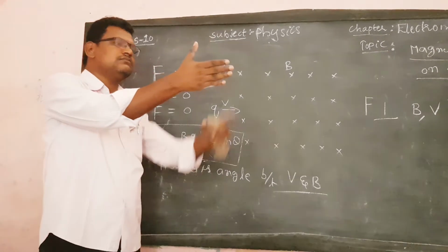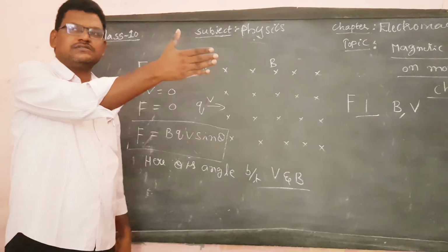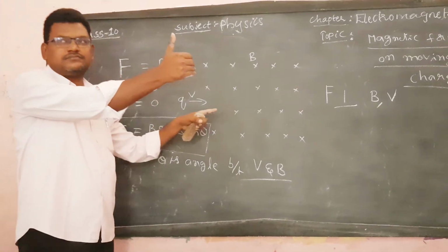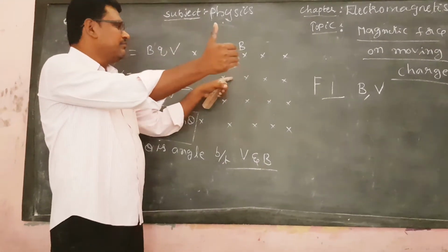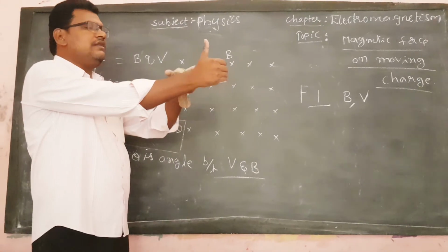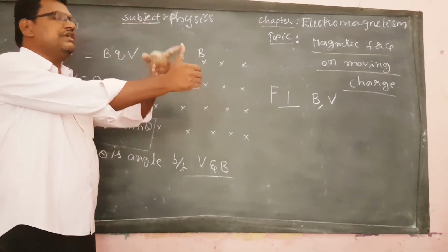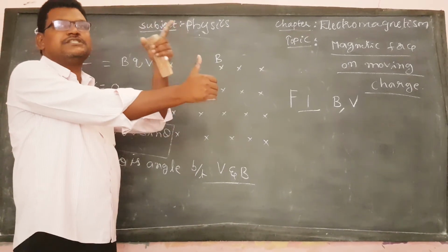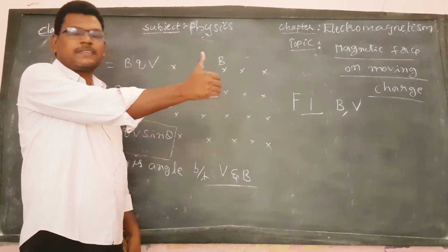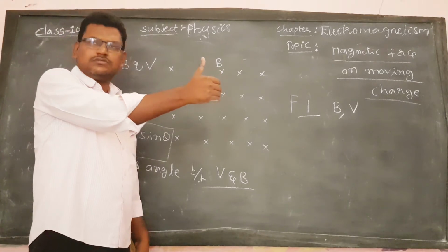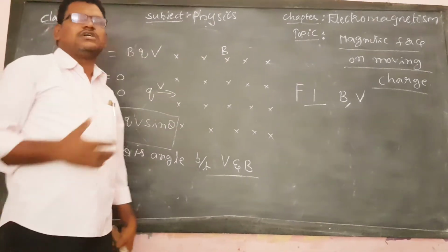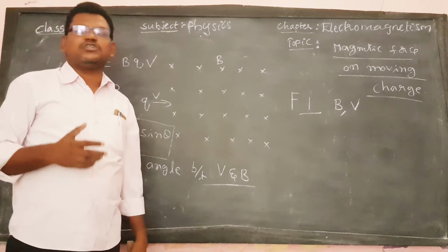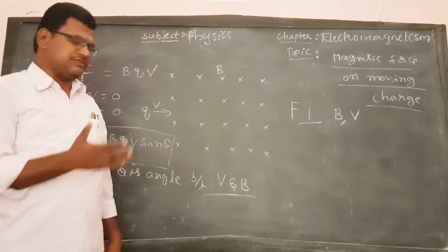After that, curl the fingers in the direction of the magnetic field. Then the thumb represents the direction of the magnetic force acting on the charged particle. So using the right hand thumb rule, very easily we can find the direction of the magnetic force.